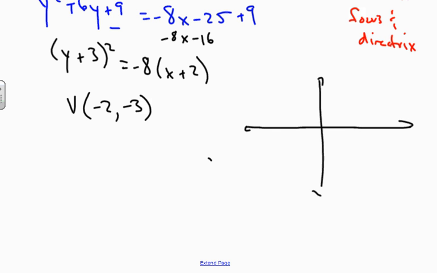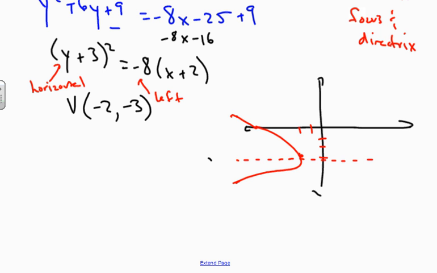We have negative 2, so 1, 2, and negative 3, 1, 2, 3. This is opening to the left because this is negative, and it's going horizontal. I know it's horizontal because the y is squared. So we're going to have a parabola looking something like that. I'll just draw our axis of symmetry, and there we go.